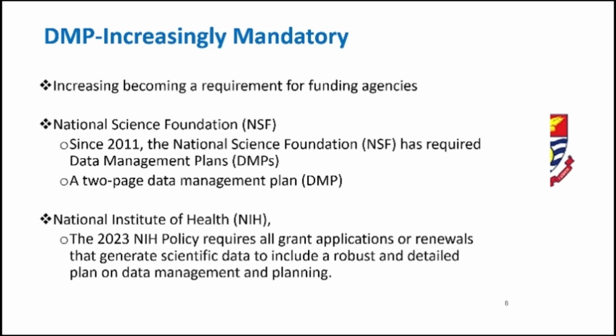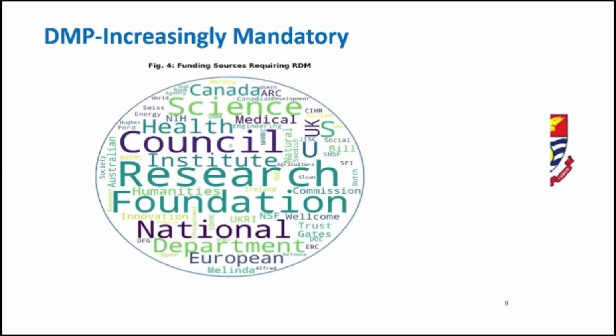It is not only limited to these two funding agencies. A little search will show you that other active entities are also involved, such as the Social Sciences and Humanities Research Council of Canada, the Australian Research Council, ARC, and the Dutch Research Council.